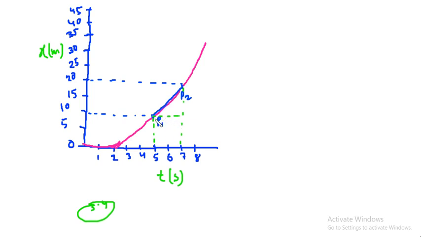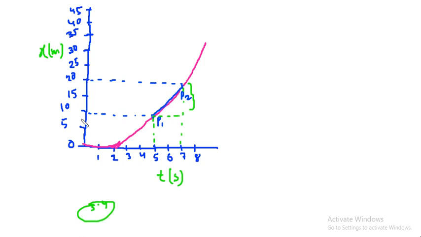Okay, so here the average velocity of the particle between 5 second and 7 second, what we have to do is find how much distance it has traveled and how much time it has taken to travel that distance. So it traveled this much distance.